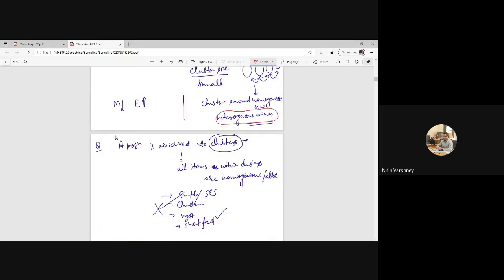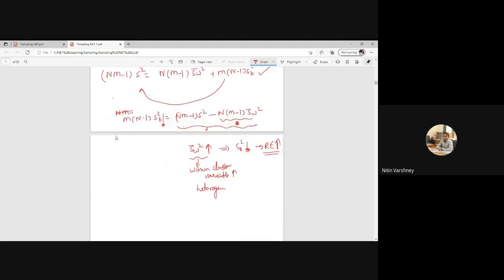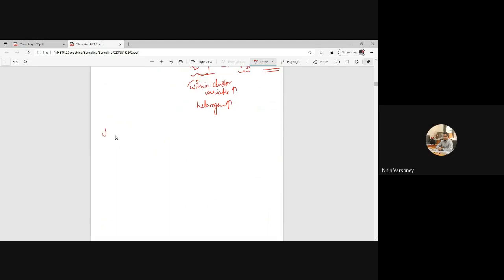So here what we are doing, we are increasing within cluster variability, we are increasing heterogeneity. So this will increase, and then SB square will decrease, and relative efficiency will increase. Okay, so this relation is important, and some important results are also there.